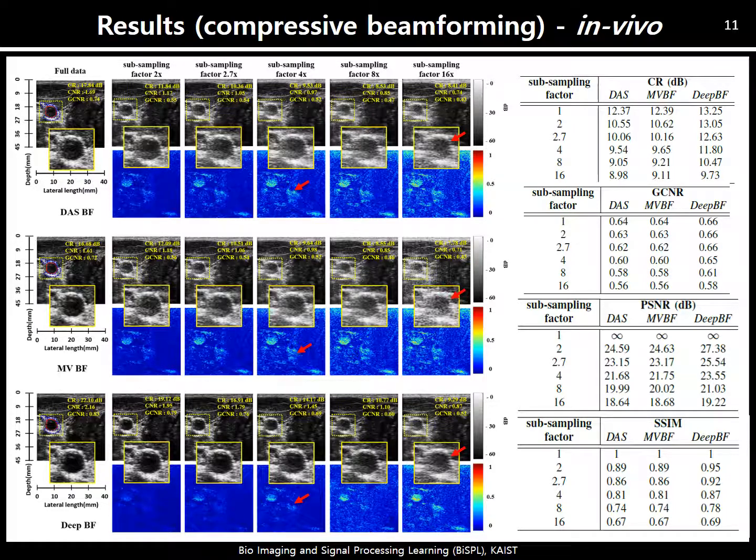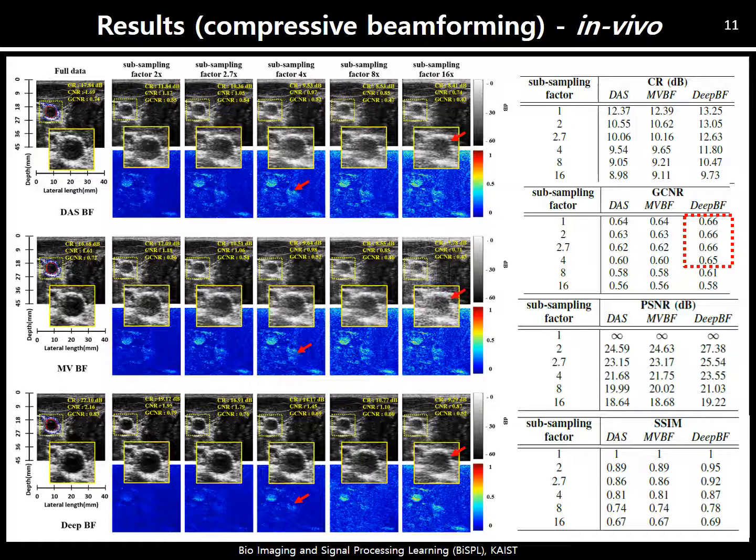For quantitative evaluation, we compare PSNR, SSIM, CR, and GCNR distribution of DAS, MVBF, and DBF for 360 in vivo scans on variable subsampling rates. As shown in the table, the GCNR value of DBF does not decrease even for 2.7 times subsampling, and only drops by 0.01 units for 4 times downsampling.